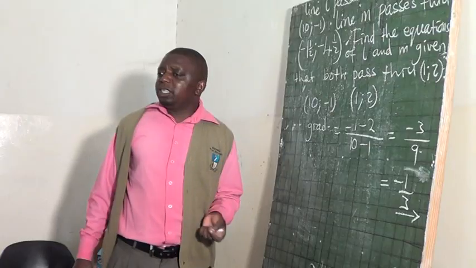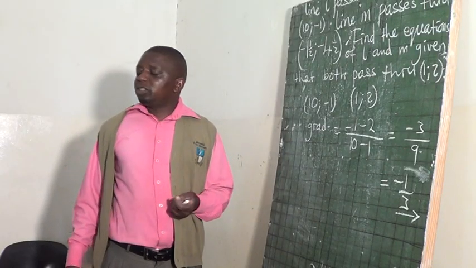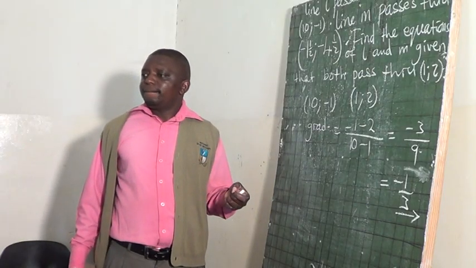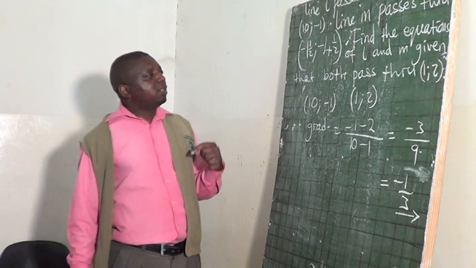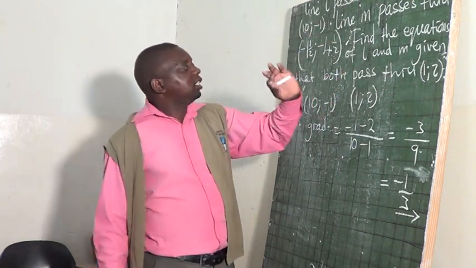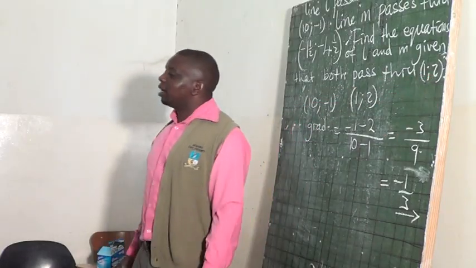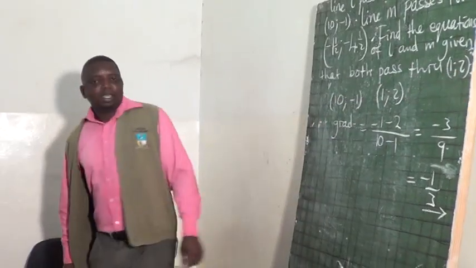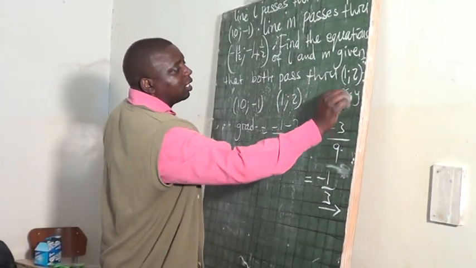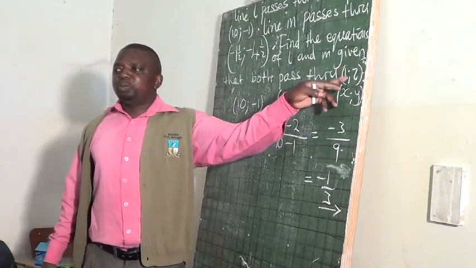But we want to find the equation. To find the equation, you take any one of the points. I would take 1, 2 because it's easier to use. With the point 1, 2, you know there is a point x, y, such that you now have 2 points.